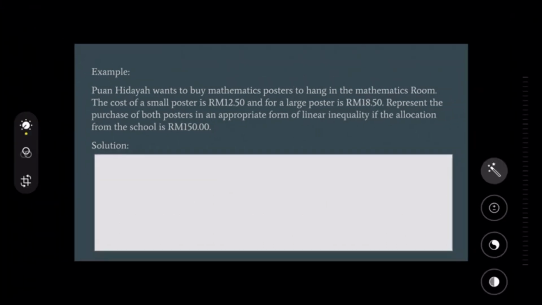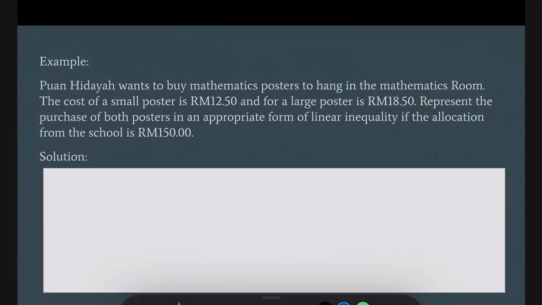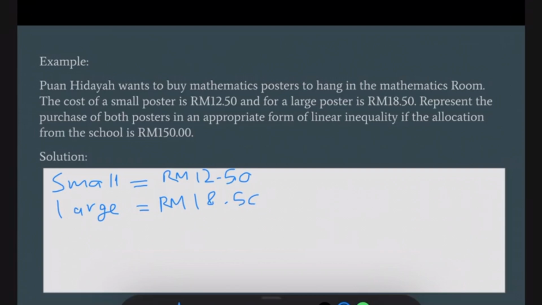As we can see, we have a small poster, which is RM12.50, and the large poster is RM18.50.